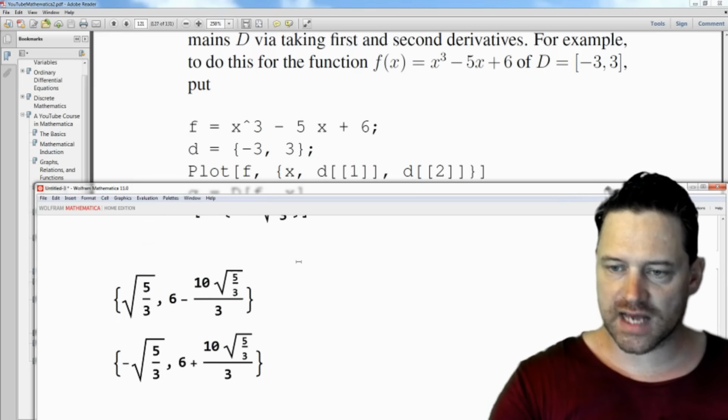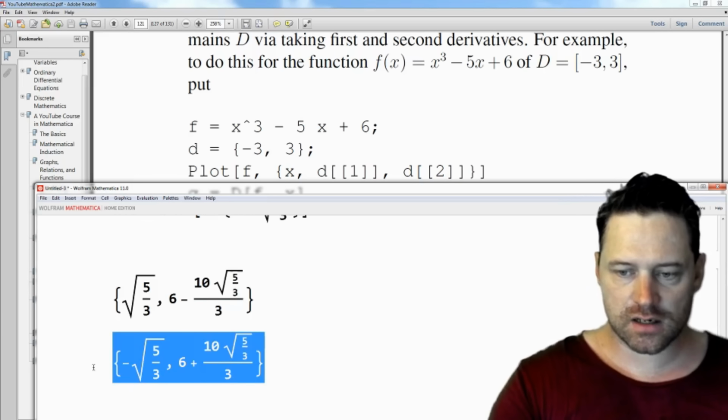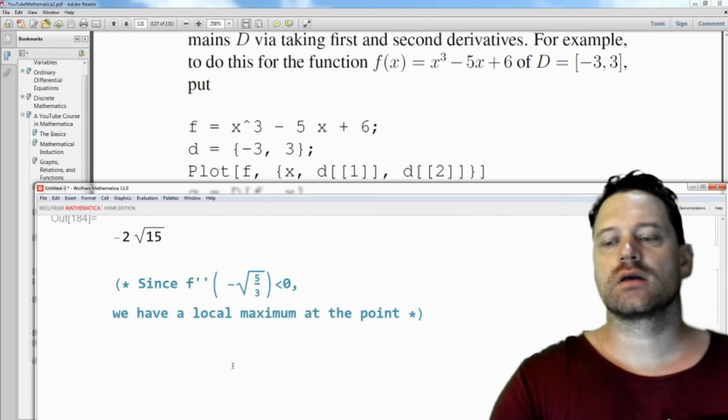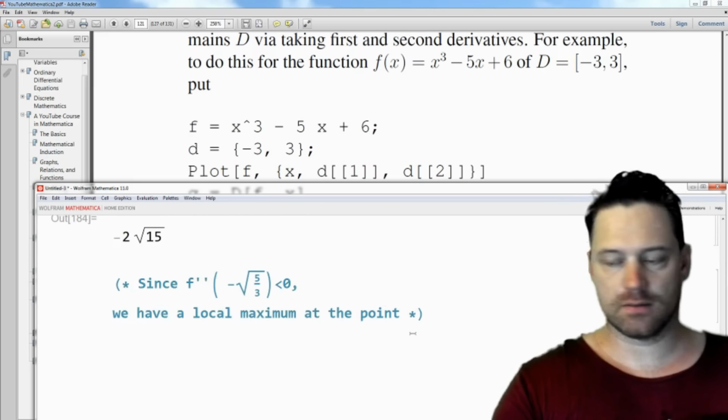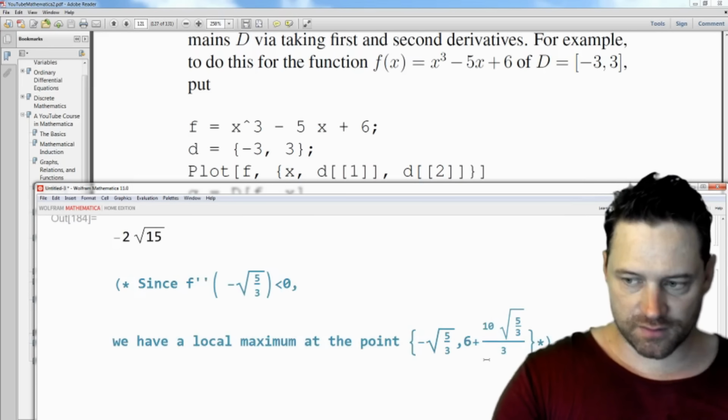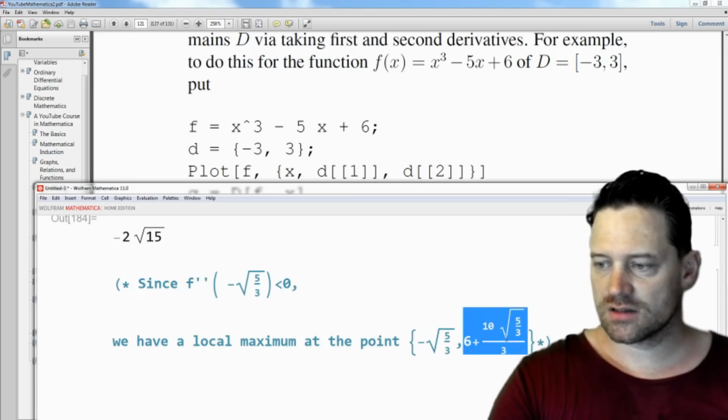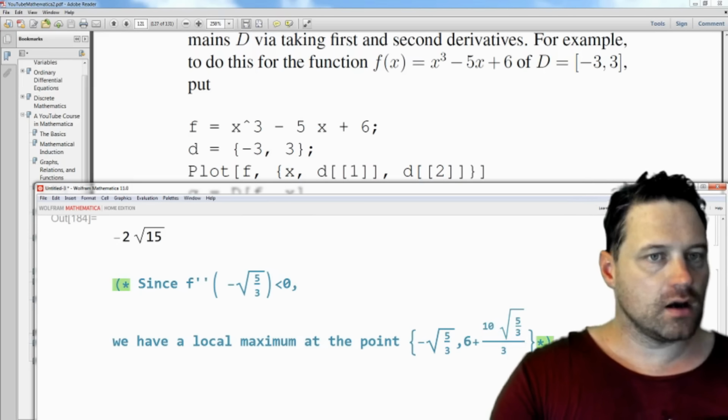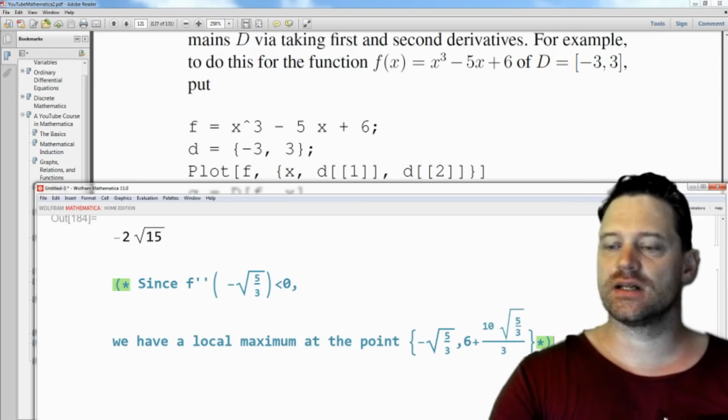What was that point? This one right here. Okay, at the point minus root 5 on 3, 6 plus blah blah blah. So that we have deduced is a local maximum.